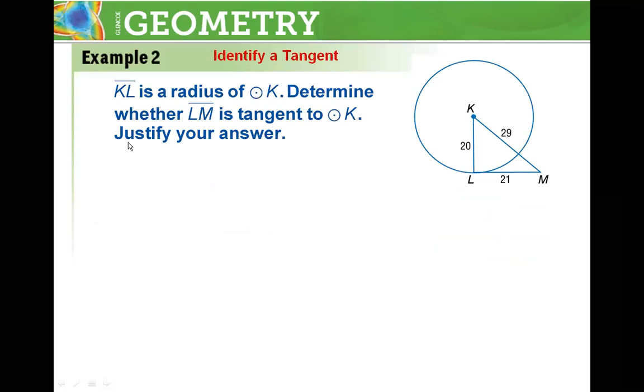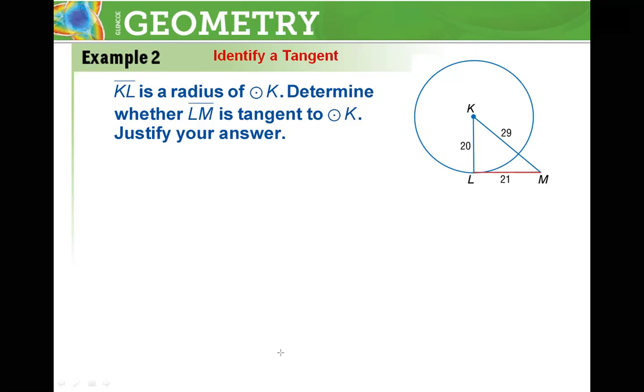KL is a radius for circle K. Determine whether LM is a tangent to circle K. Justify your answer. I need to know whether this line LM, in red, is a tangent to the circle or not.